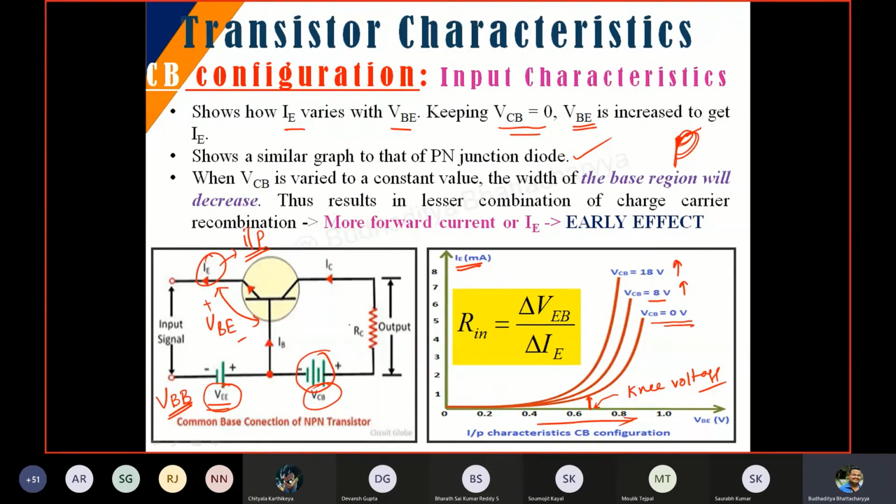When VCB is varied to a constant value, the width of the base region will decrease. I'll explain everything, just for the time being, you understand this. Thus, it results in lesser combination of charge carriers and hence more forward current or IE, and that is called the early effect, or sometimes the base width modulation.